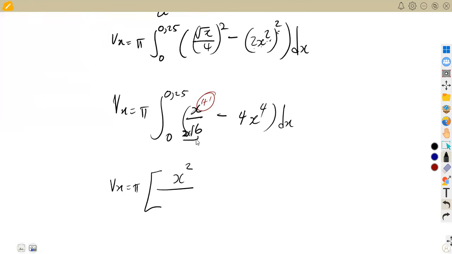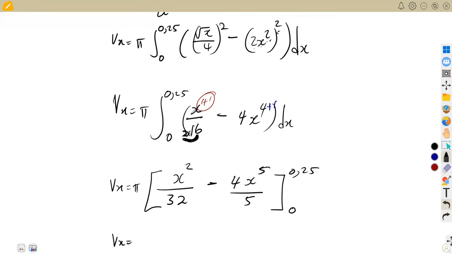So the 2 multiplies with the 16, so 2 times 16 will be 32. Minus, we add 1 to our exponent, so that will be 5. So we're going to have 4x to the exponent of 5 over 5 in this case, the new exponent being 5, with our limits, the upper limit being 0.25, the lower limit being 0 in this case.